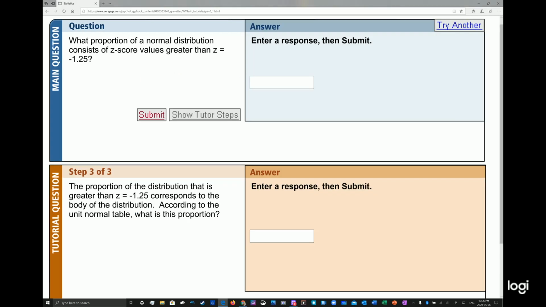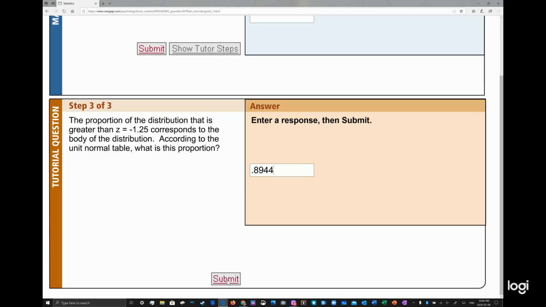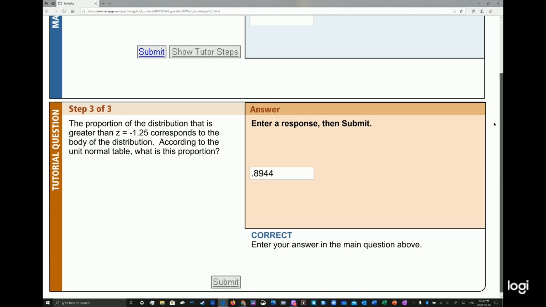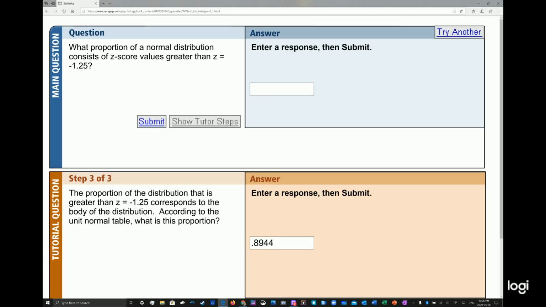So let's see if I entered that. 0.8944. Well, let's see. Can I scroll down here? Submit. Correct, I've entered that, and that's my answer. That's the proportion I'm looking for, 0.8944.